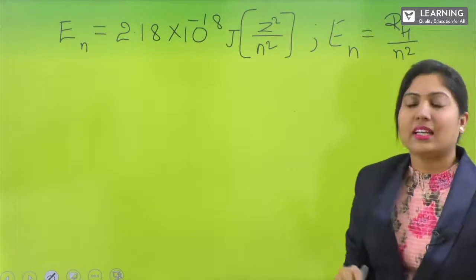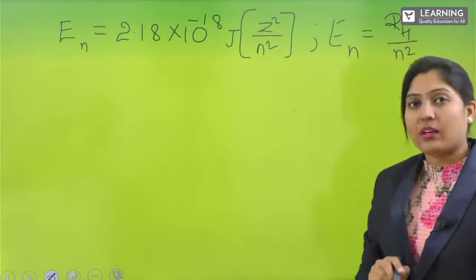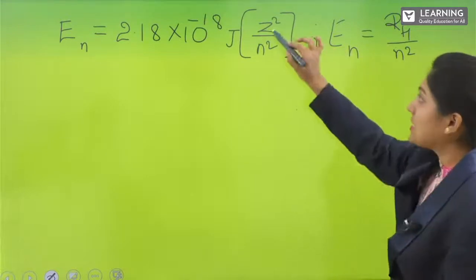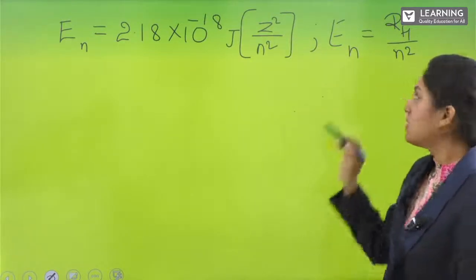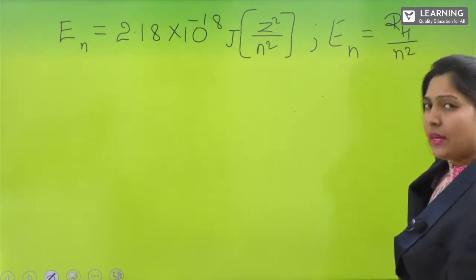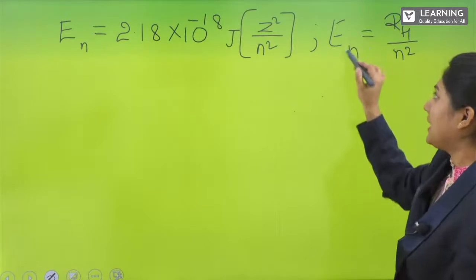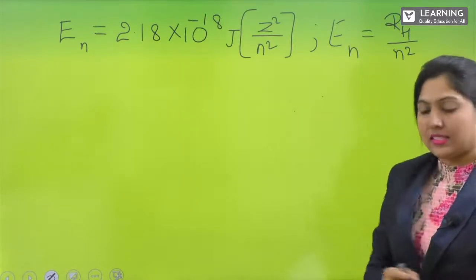Why are we taking En is equal to RH by 1 square here? This is for the hydrogen atom, because Z is 1 for hydrogen, and 1 square is 1. So instead of RH into 1 by n square, we can directly write En is equal to RH by n square. Is it clear, students?